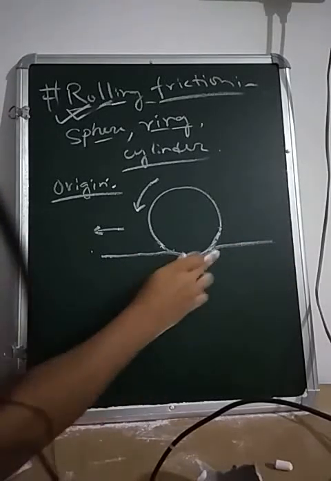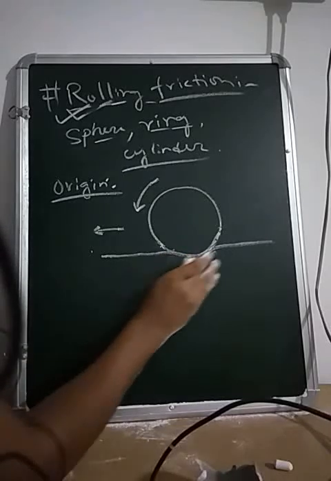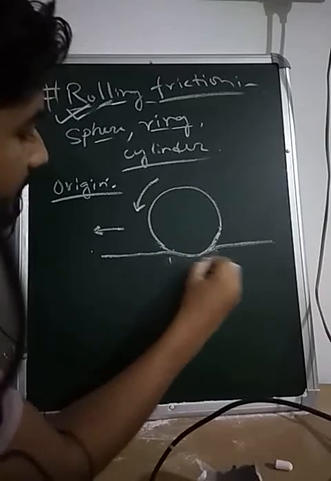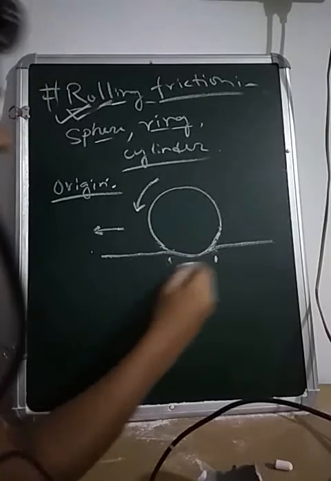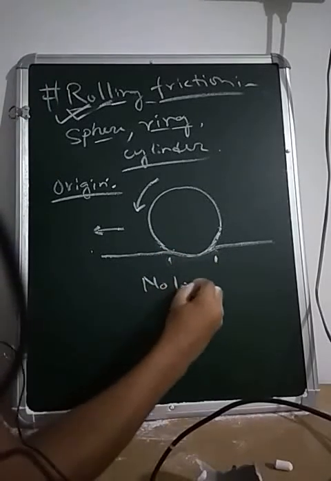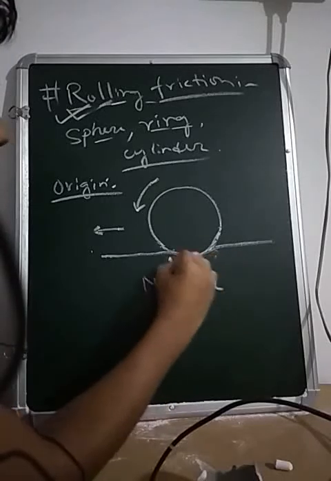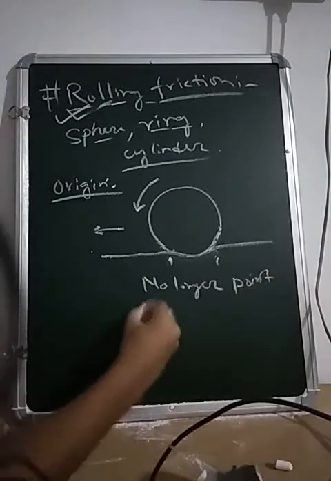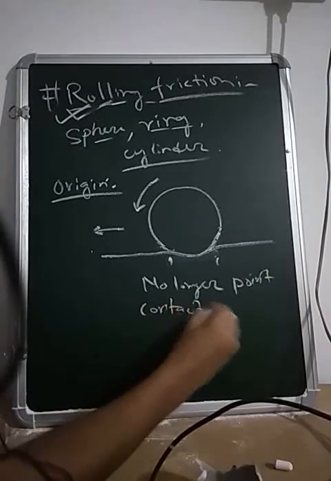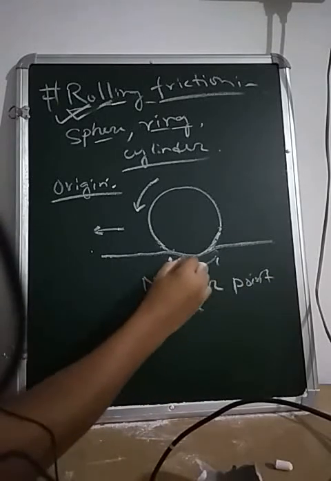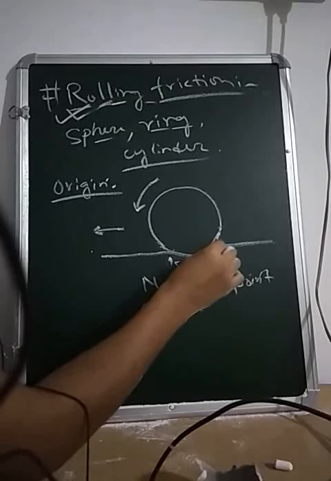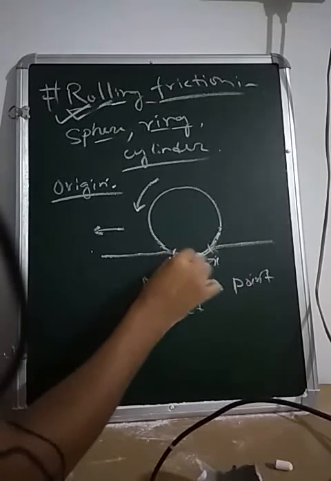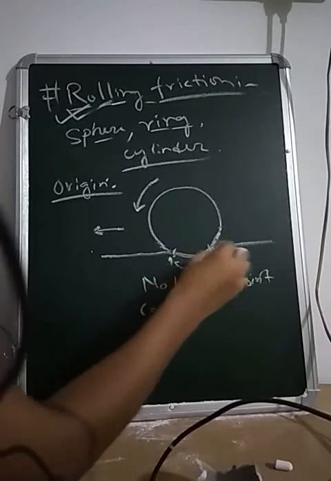So when it makes a depression, this is no longer a point contact. This portion of the wheel comes in contact with this much portion of the surface.